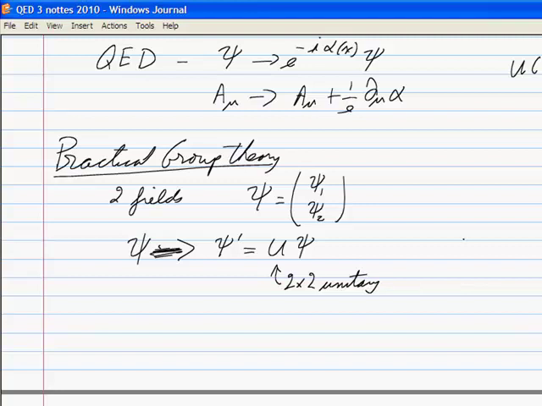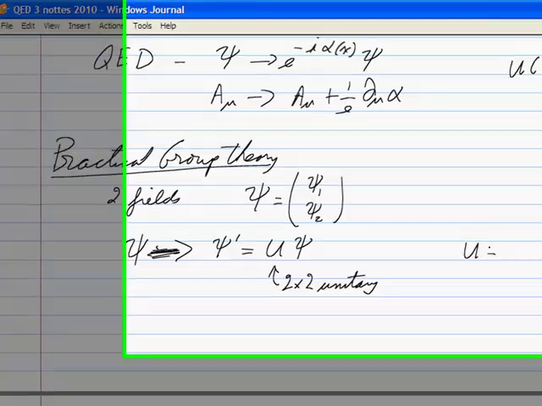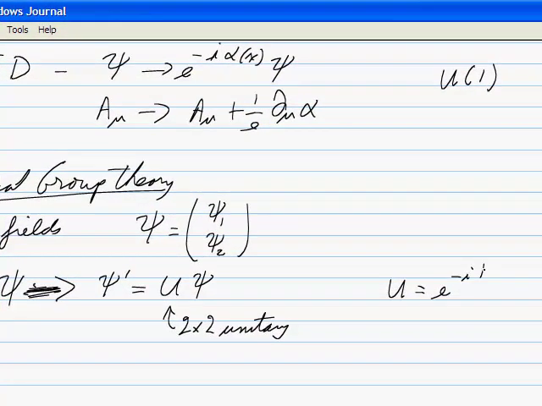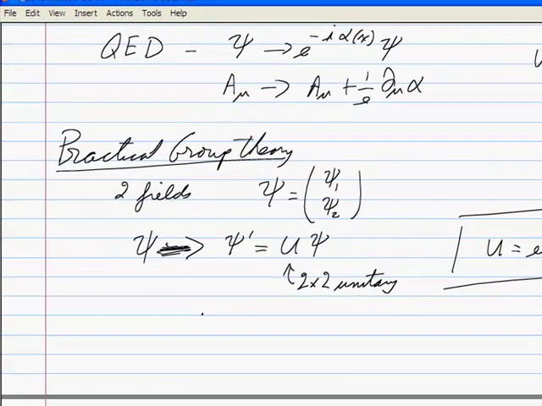A 2-by-2 unitary can be written, and you can always write a unitary matrix as e to the i times a Hermitian matrix. This is a math theorem in general. So you can write U is e to the i times a 2-by-2 Hermitian matrix.